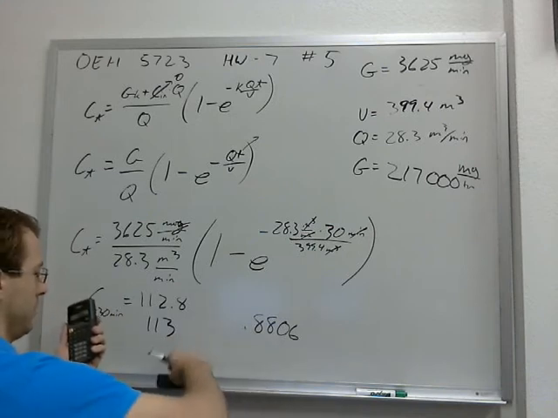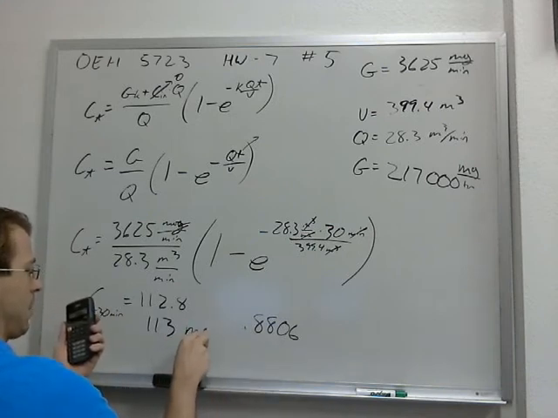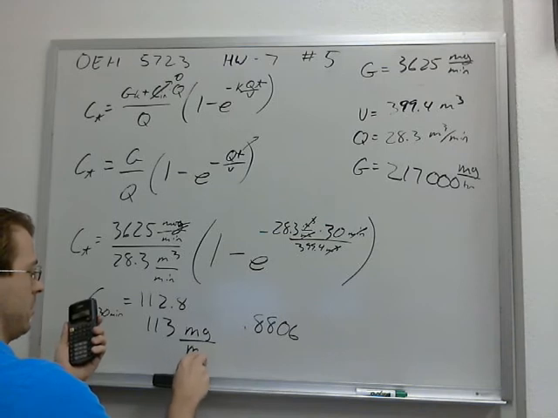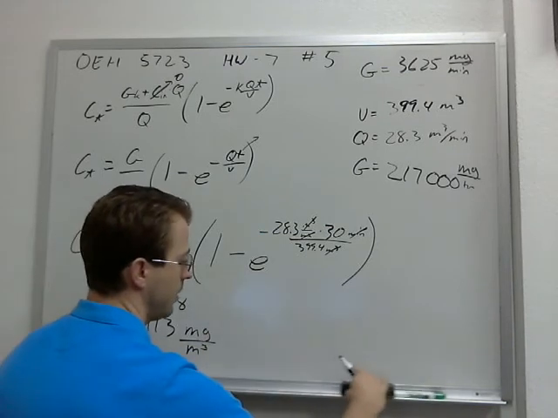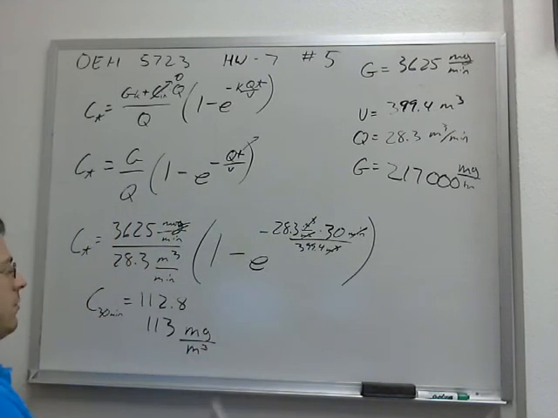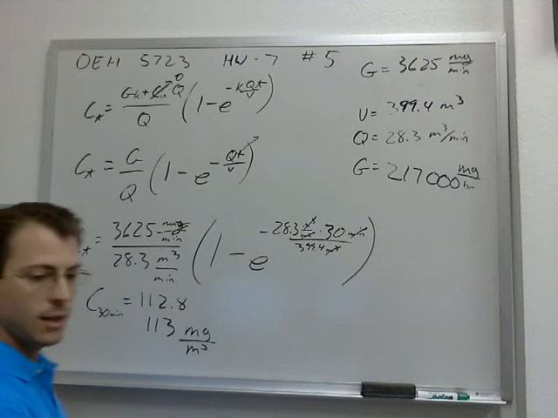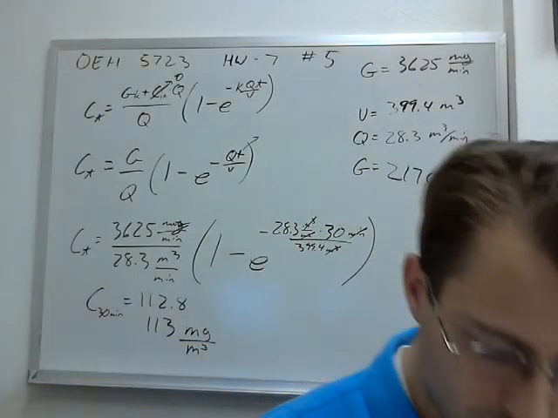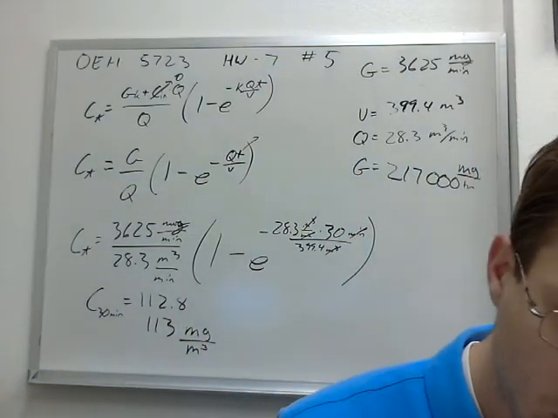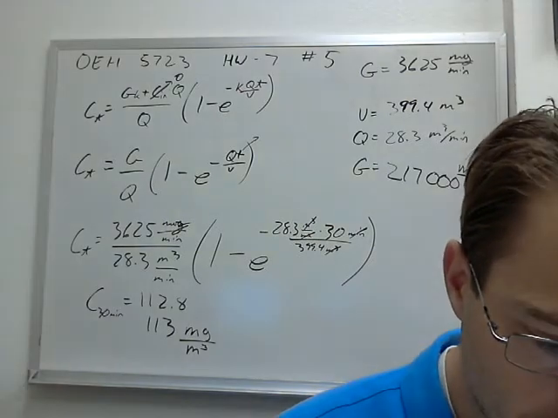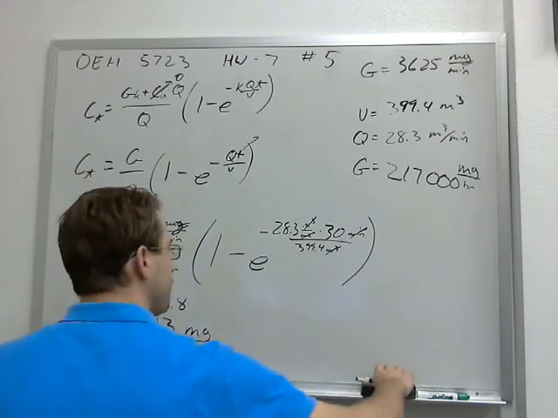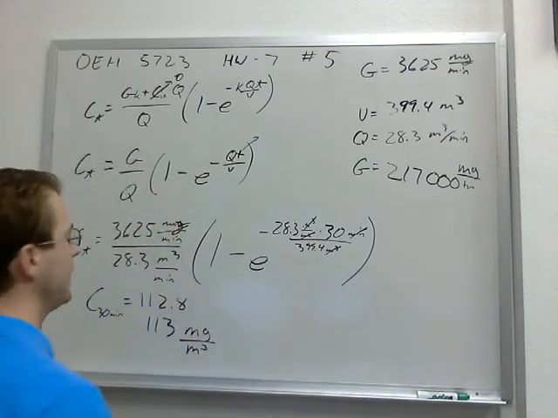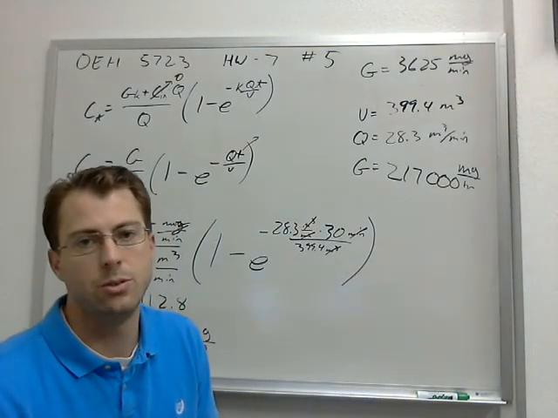Units are important here, milligrams per cubic meter. Okay, so you can convert that to ppm if you'd like. It doesn't matter, especially right now, unless I ask for it. Let me make sure that I didn't ask for it in specific units. Nah.